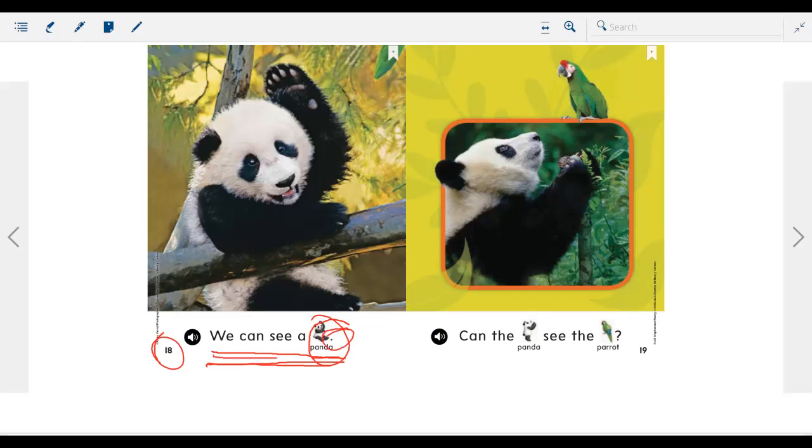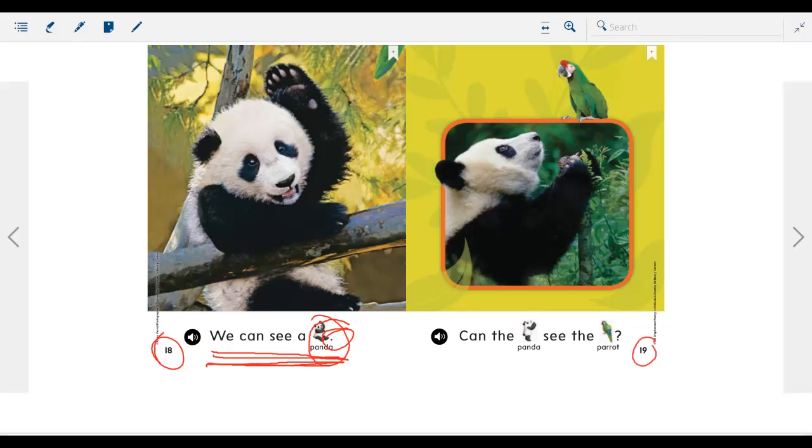We can see a panda. And then we stop. We don't stop in the middle of our sentence. We always keep going until the end. So on this page, what are we looking at? A panda.